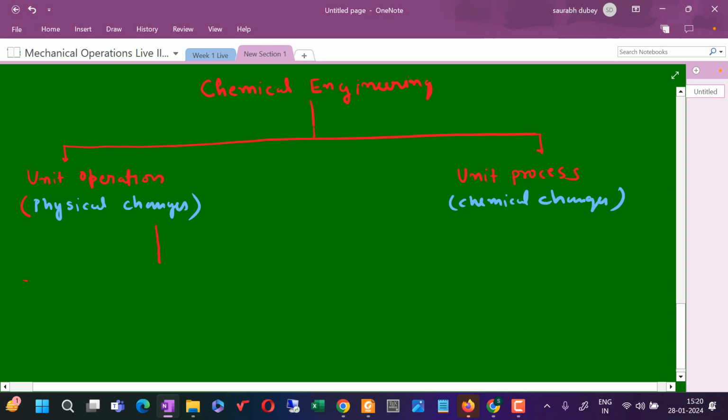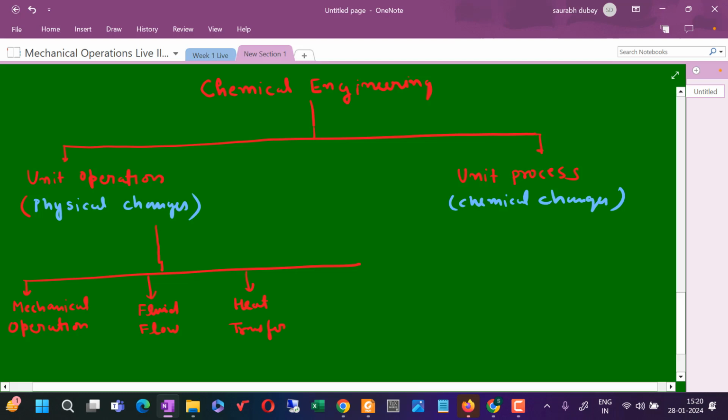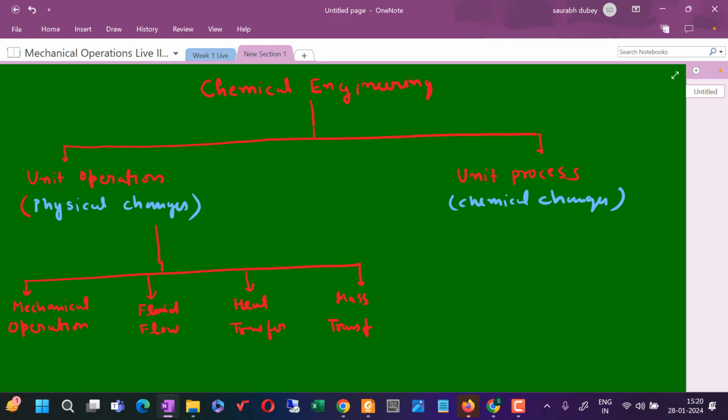You are going down, and then the further classification for the unit operation will look like mechanical operation, fluid flow, heat transfer, and mass transfer. Okay, these are the physical changes involved.